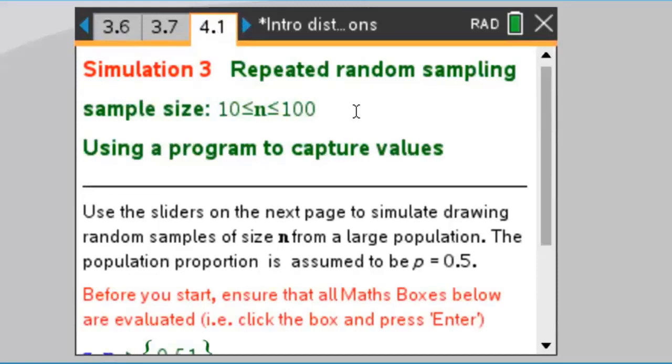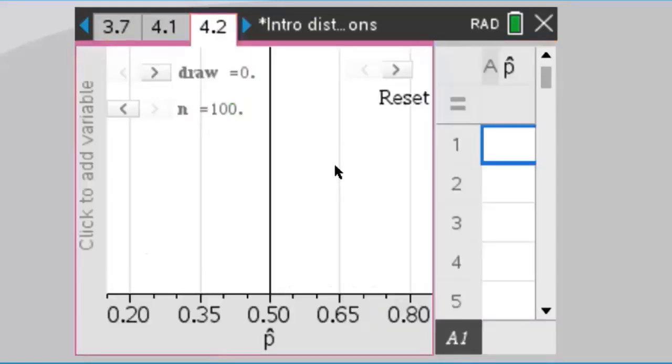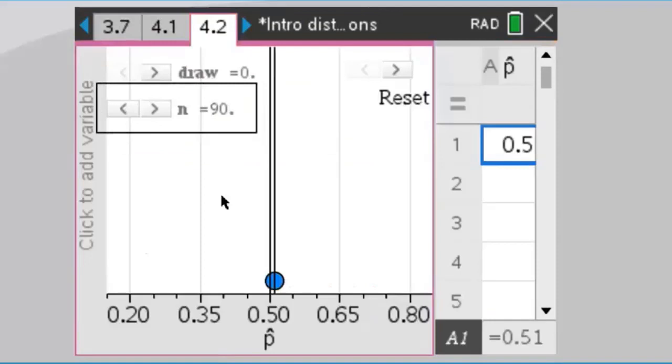Okay, so the third simulation. This time, we're doing the same sort of thing again, repeated random samples, except instead of being limited to samples of size 20, you can choose your own sample size. So, for example, I might do a sample size of 90. So I'm going to do repeated random samples of size 90.